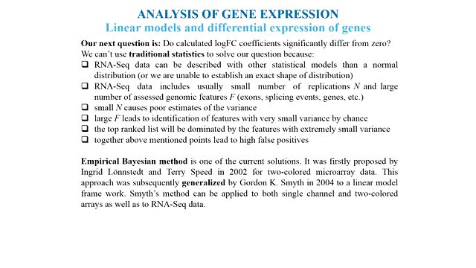Second, RNA-seq data usually includes a small number of replicates n and a large number of assessed genomic features f, genes in our case. Third, small n causes poor estimations of the variance. Fourth, large f leads to identification of features with very small variance by chance. And last, fifth, the top-ranked list will be dominated by the features with extremely small variance. Together, the above-mentioned points lead to high false positives.